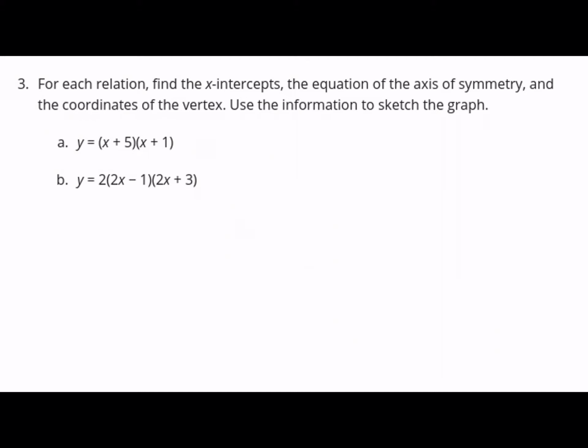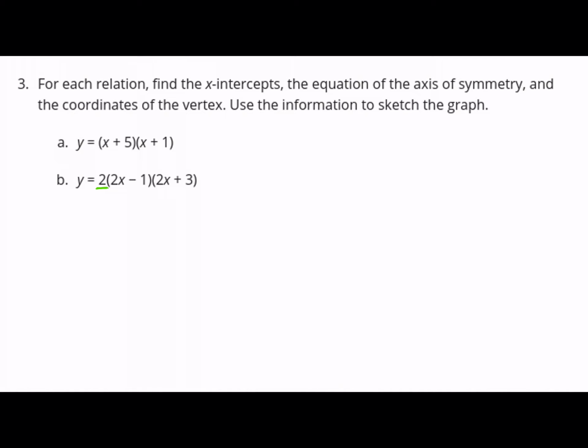I'm going to do B with you because B is a little bit different, because B has an a variable that's not 1. So it looks a little bit different, but not too much. So it doesn't change our x coordinates.